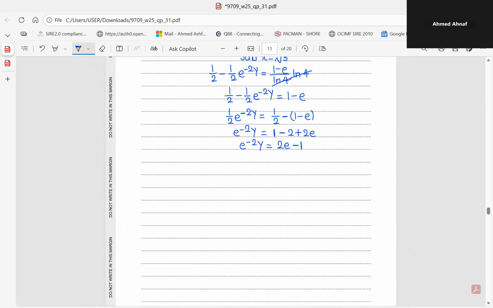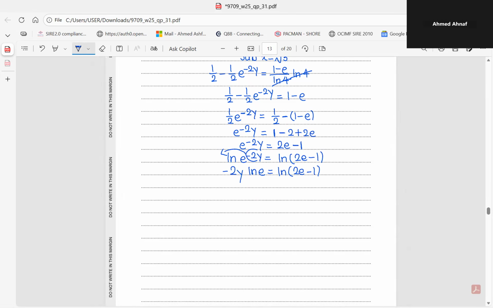And just take ln on both sides. Okay, so ln of e to the power of negative 2y, ln of 2e minus 1. Then you can use the power rule, bring down this power and make it a coefficient, and you get minus 2y ln e equals ln of 2e minus 1.